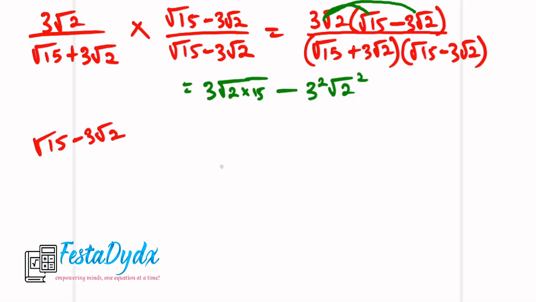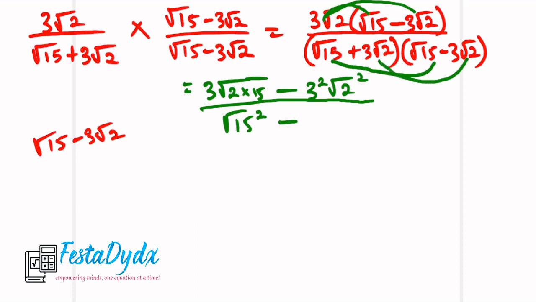So now let's move to the denominator. All over 15, root 15 times root 15 is going to give us root 15 square. Then minus 3 root 2 times 3 root 2, that's times minus 3 root 2, is going to give us minus 3 square root 2 square. So working with the numerator, 3 times root 15 times 2, that's root 30, minus 3 times 3 is 9. Square root cancel square, we have times 2 here.